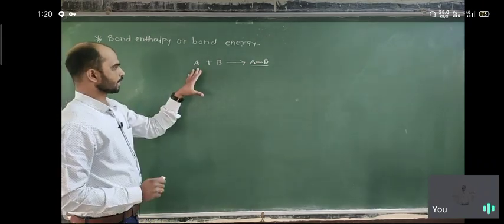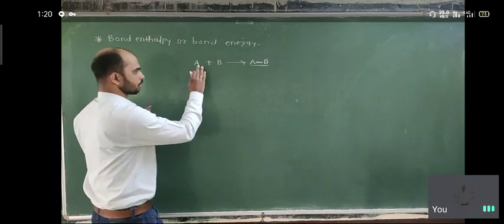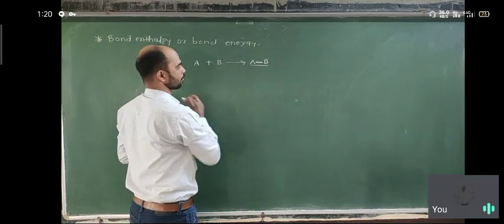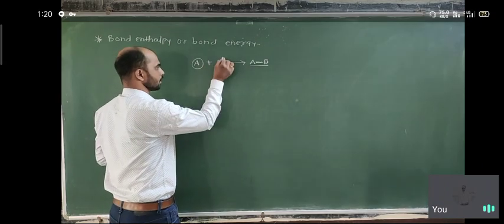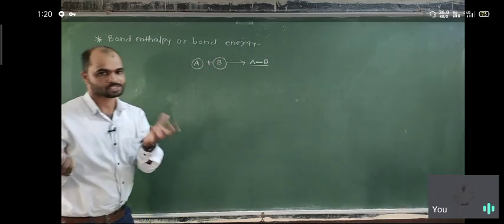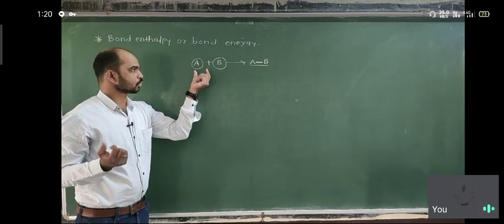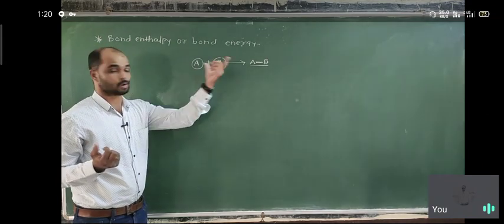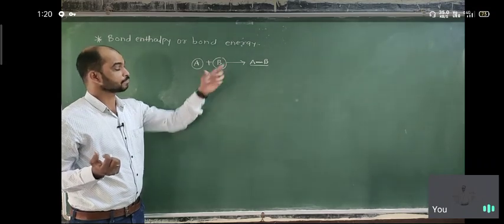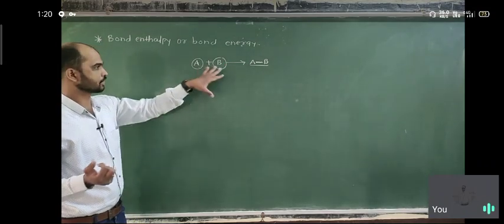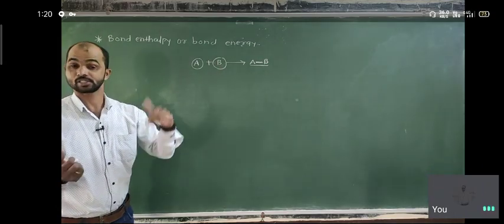Basically, when atom A and atom B convert into an AB molecule, a diatomic molecule, a bond is formed. Individually, A and B have different energies. A has its own energy, B has its own energy, and when they make a bond, the excess energy present in the individual atoms is evolved out, that is, energy is released.